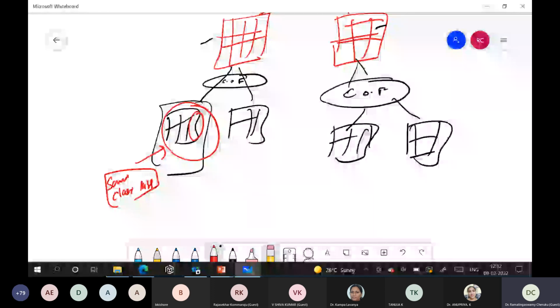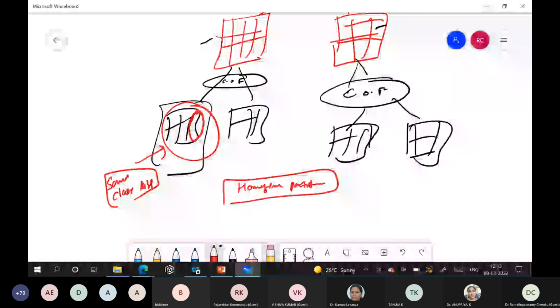If all the samples have the same class label, it means that it is a homogeneous partition. If that partition is there, we can consider that node as a leaf node, and the class label of that leaf node is the class label assigned to all the samples.